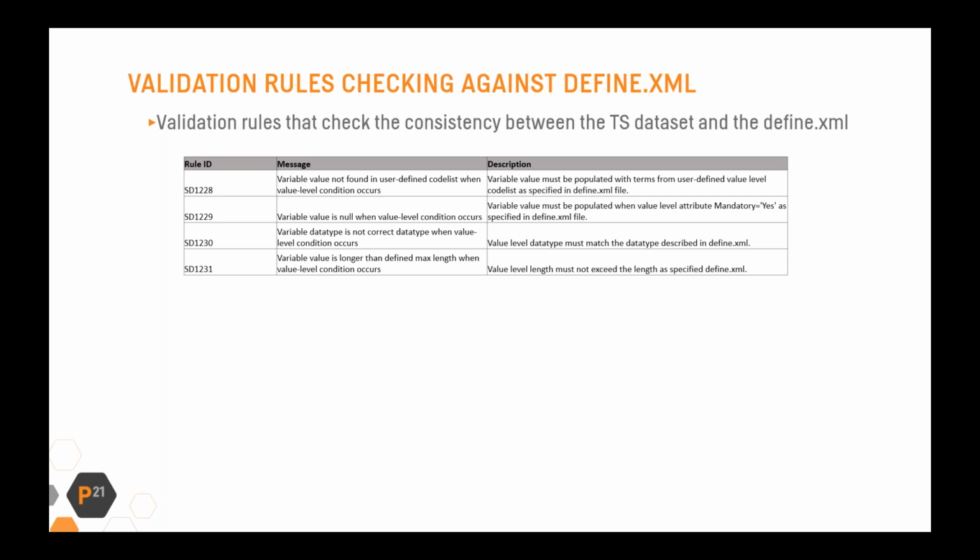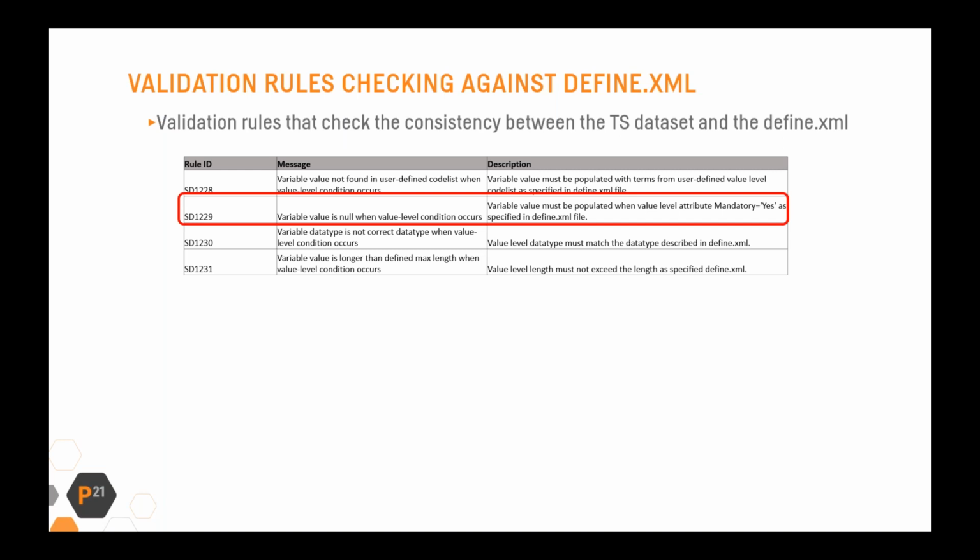We have SD 1229. We also have SD 1230, which checks the data type. And then SD 1231 checks the length based on the consistency between what's noted in your define versus what's in your data set.